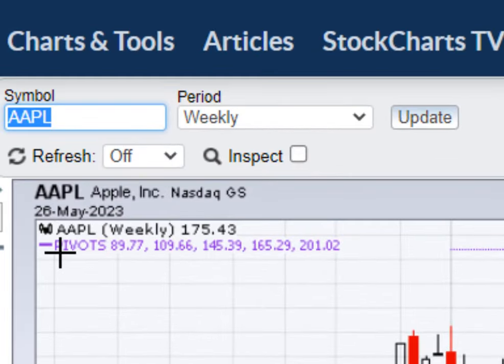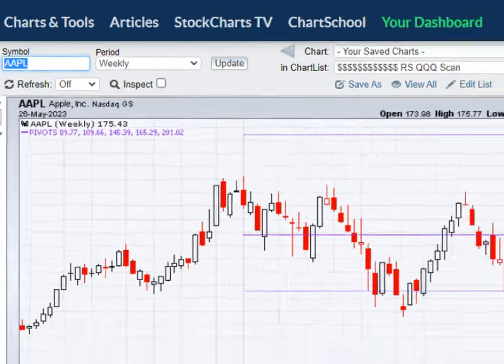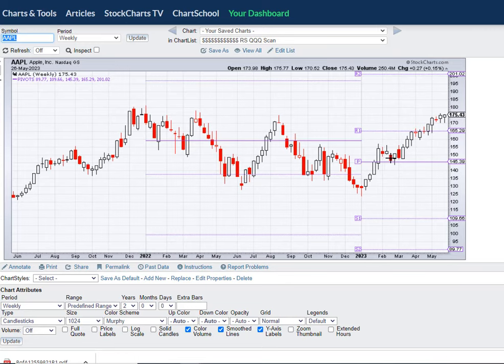You can see the actual pivot levels are up here, going from S2, S1, pivot, R1, and R2. So we pulled back to that yearly pivot in February of this year and have since moved above the R1 at 165.29.